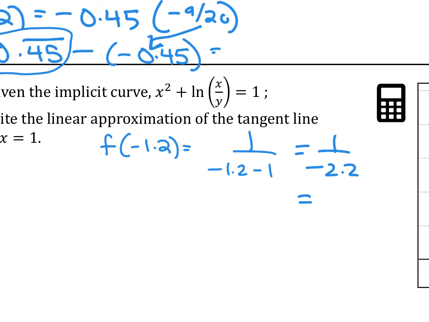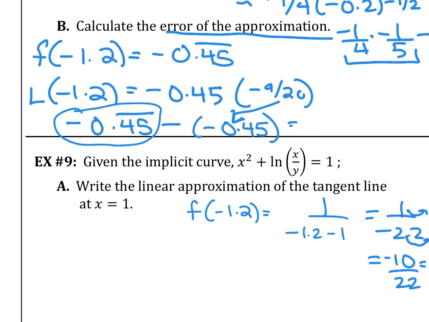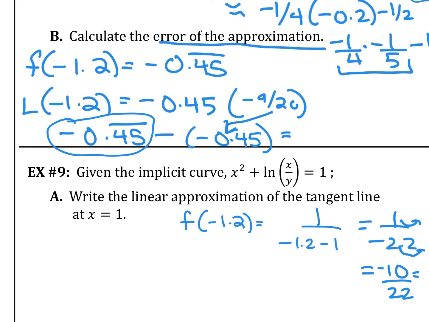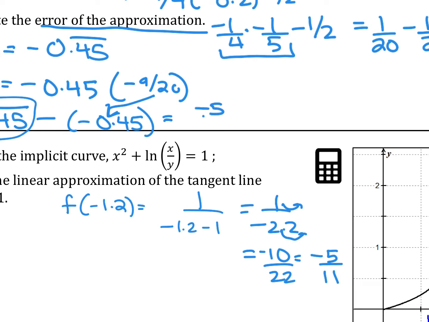If I move this decimal over 1, I can say negative 10 over 22, which reduces to negative 5 over 11. Negative 5 over 11. Let's just make sure. Yep, that matches up. So when I'm finding the error, the actual value at negative 1.2 is negative 5 over 11, and our approximation is negative 9/20.